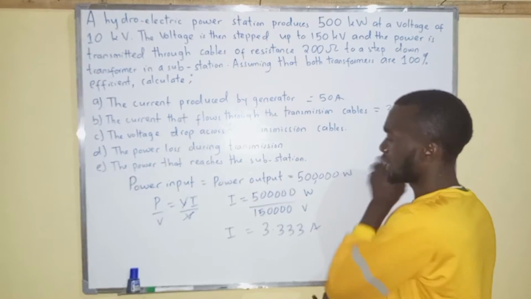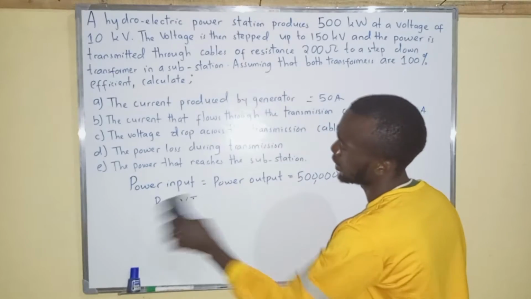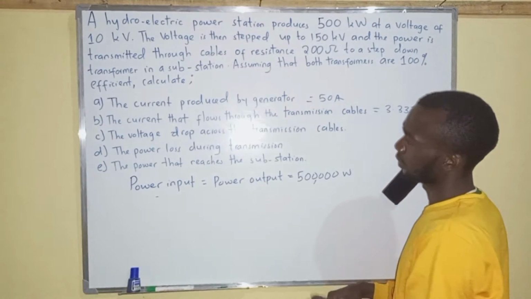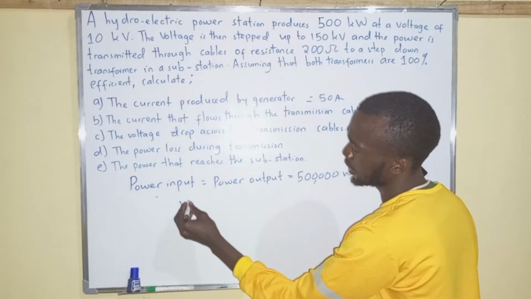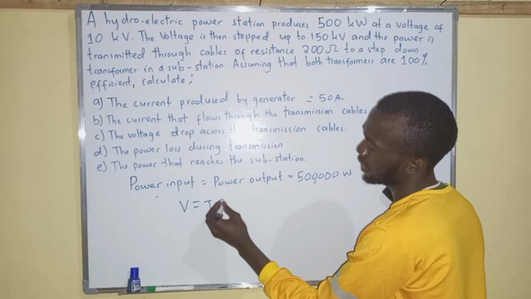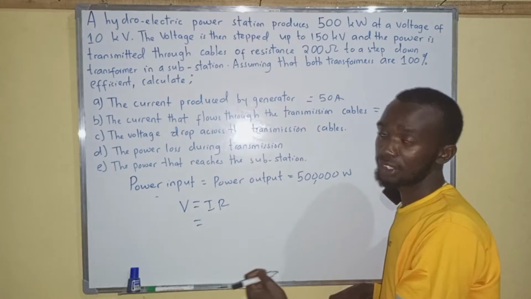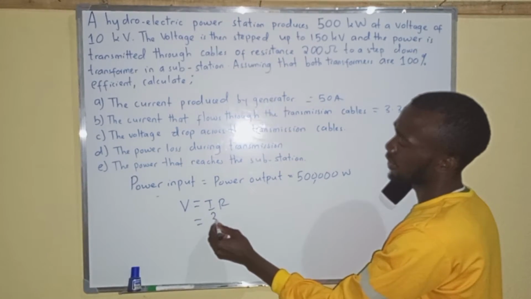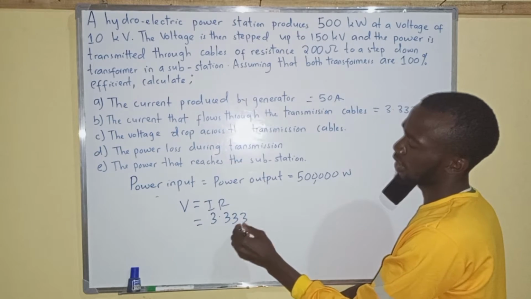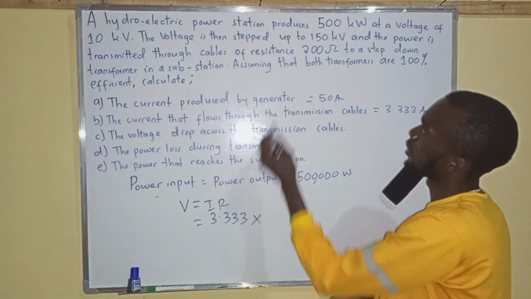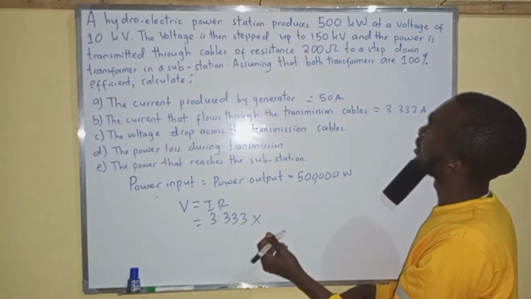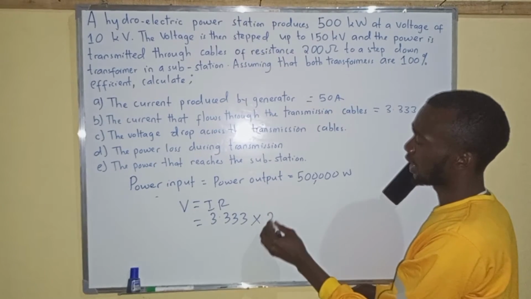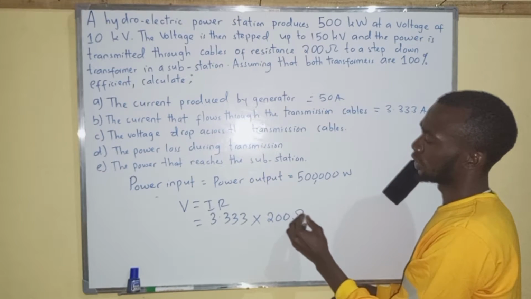V is equal to IR, so 3.333 multiplied by the resistance of the cables, which is 200 ohms.